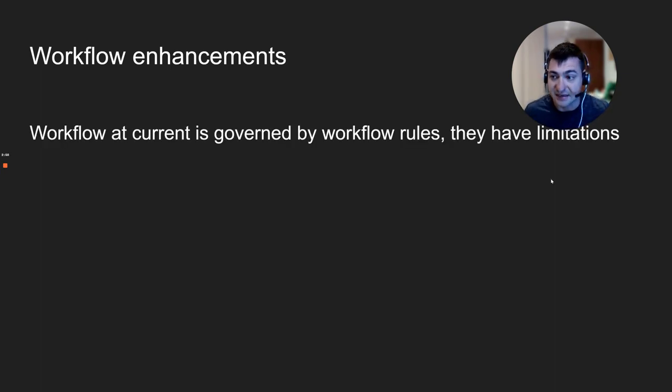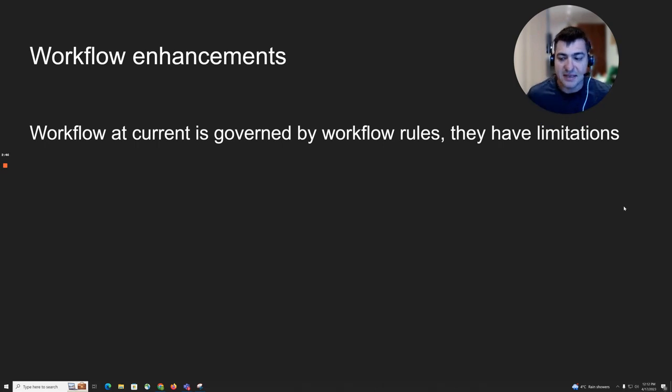Now, the problem we're facing right now is that when you build a workflow, you generally use something that's known as workflow rules. These are preset rules where you say, if this happens, then do that. And there's different formats to them, but ultimately that's what they are.